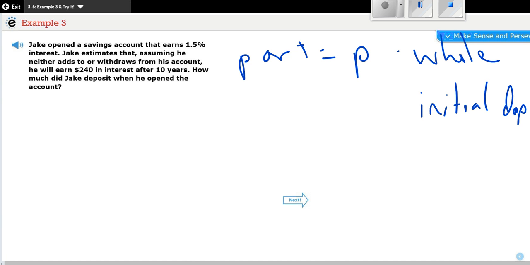Percentage is going to be our rate, 1.5%. Okay, so we have that. And now we need to know our simple interest earnings for this, but we have a little bit of a problem.